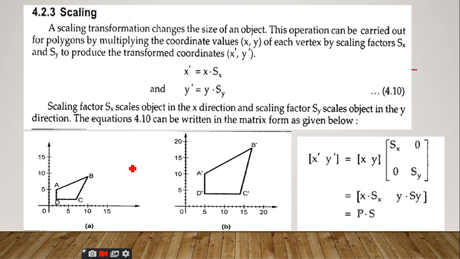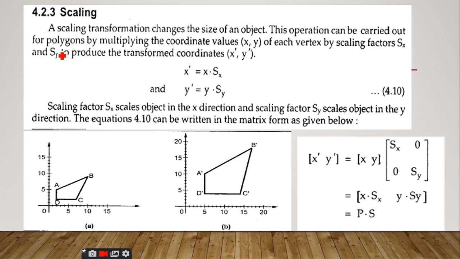In scaling, we either increase or reduce the size of the object. Here the scaling transformation changes the size of the object, that means resizing a given two-dimensional object.